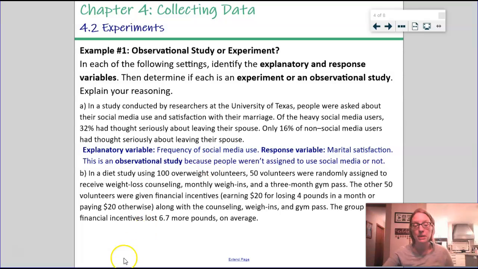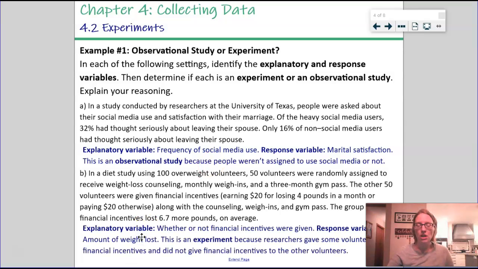In part B, the second situation, our explanatory variable is whether or not the people were offered the financial incentives. Everything else stayed the same. Their counseling, weigh-ins, gym pass, but the difference was whether or not they had those financial incentives. The response variable we measured was the amount of weight lost. This is an experiment.